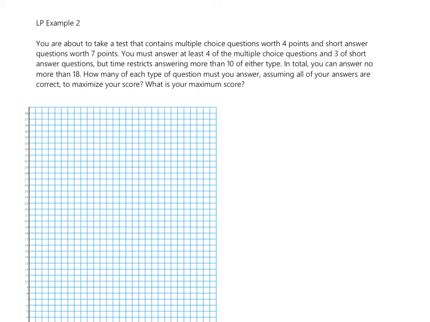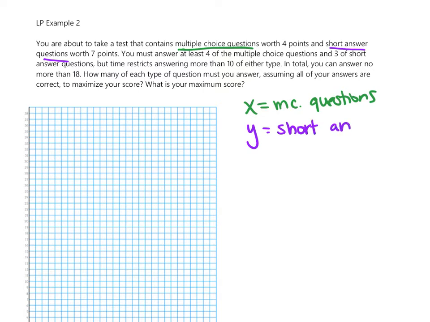So the 2 variables you have again are multiple choice questions, which we'll call X, and short answer questions, which we'll call Y. It says you must answer at least 4 of the multiple choice questions and 3 of the short answer questions, but you can't answer more than 10 of either type.